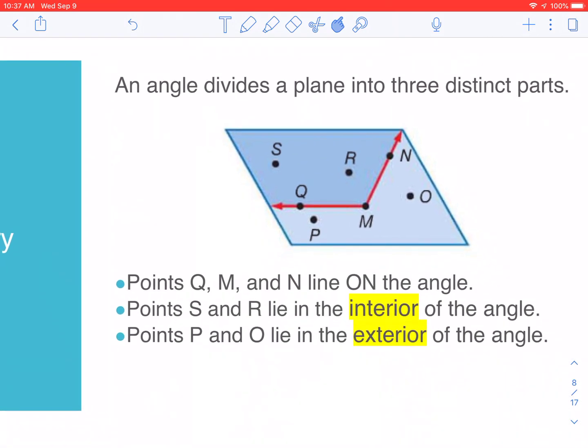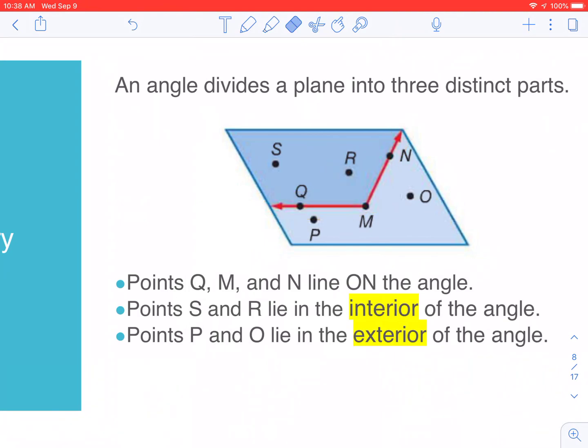Okay, there's also 3 parts of the angle. I'm going to use the highlighter here. Q, M, and N. So right here we see Q, M, and N. They are on the line. Pretty simple.